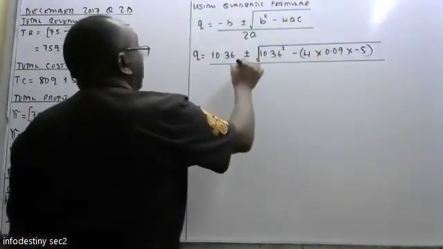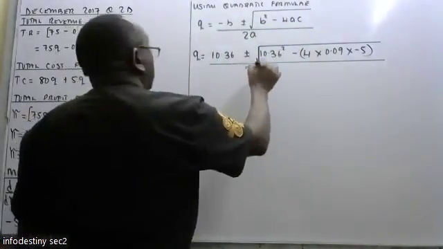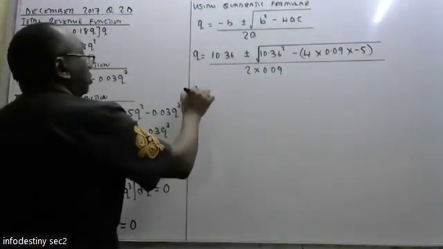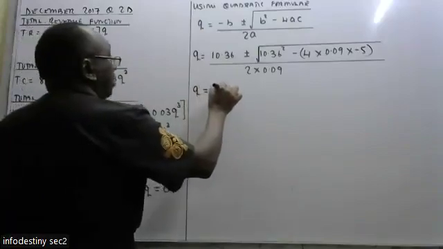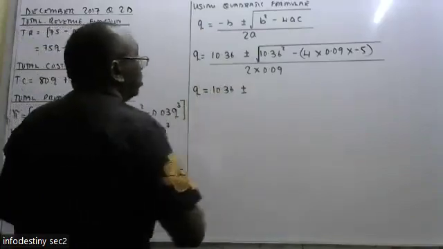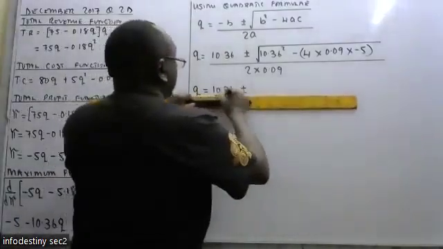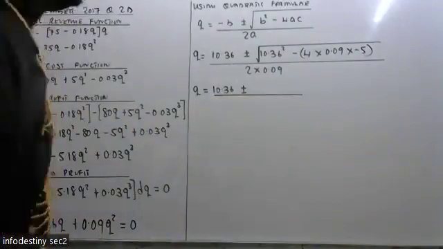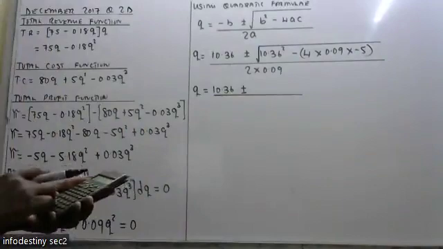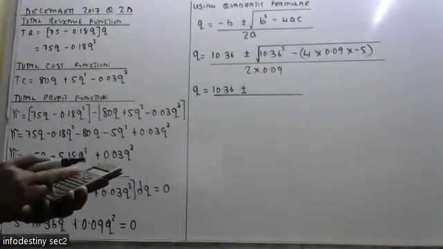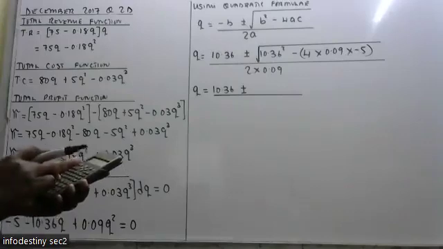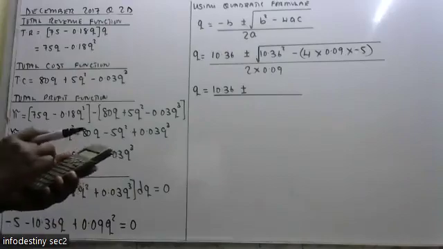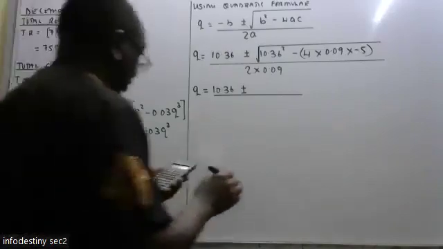You divide by 2 times 0.09. So Q becomes 10.36 plus or minus the square root of 10.36 squared minus, in brackets, 4 times 0.09 times minus 5.